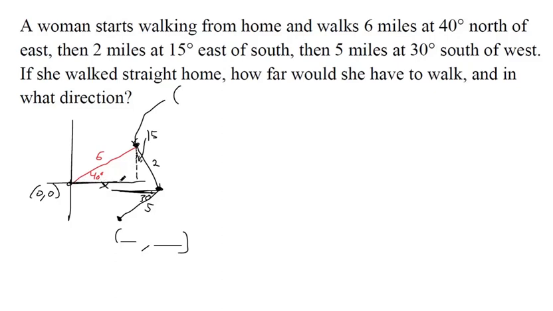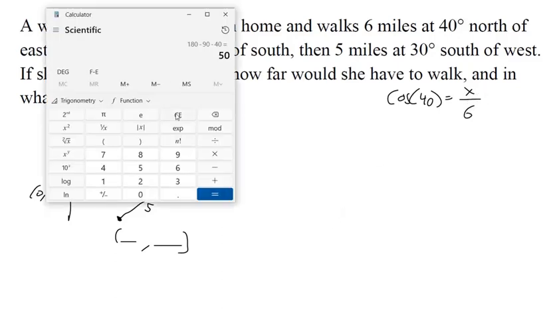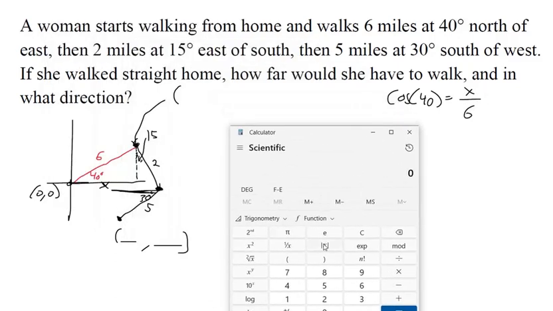The x coordinate is how far we traveled in this heading. So to figure out what x is, we want what's adjacent to 40, not what's opposite. We want the adjacent divided by the hypotenuse. So cosine of 40 equals the adjacent divided by the hypotenuse. That's why I chose cosine. Sine would help us solve for the y coordinate, which we'll do in a bit.